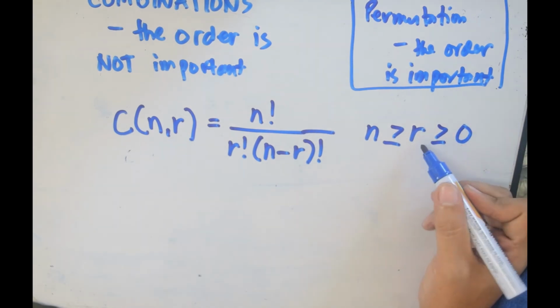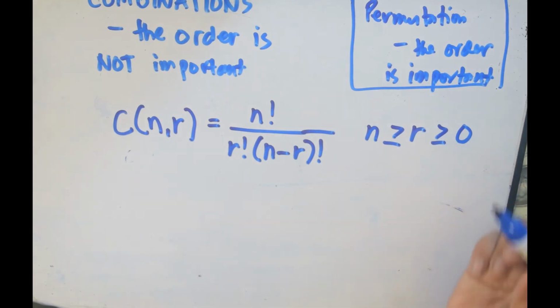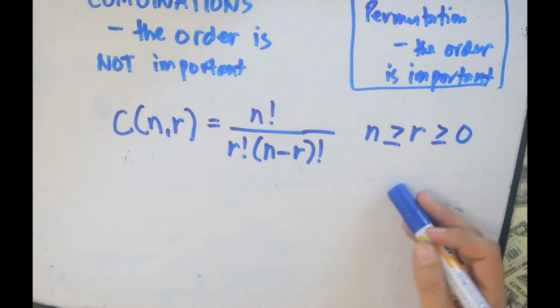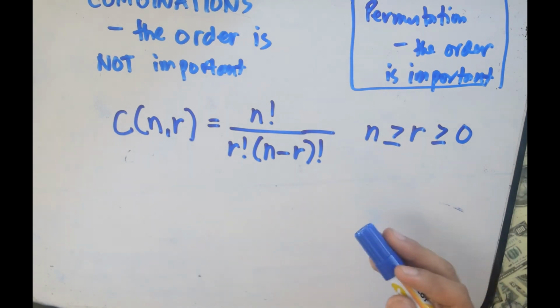So r should be less than or equal to n, but greater than or equal to 0. Your r could be 0, but it should not be greater than n. Okay? So we have here an example.